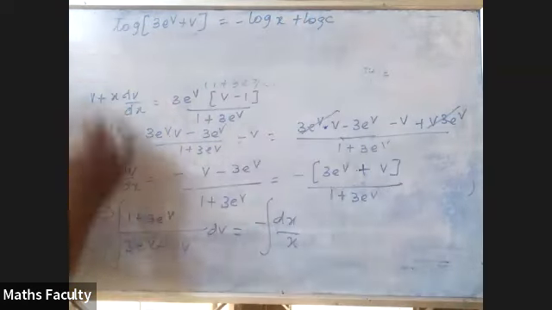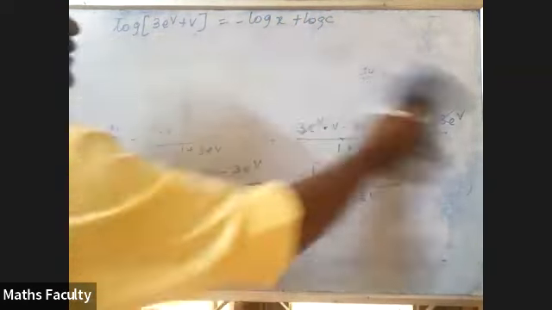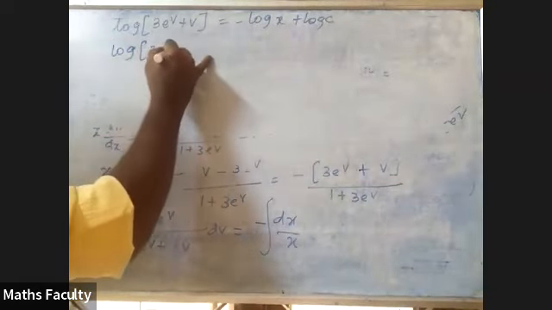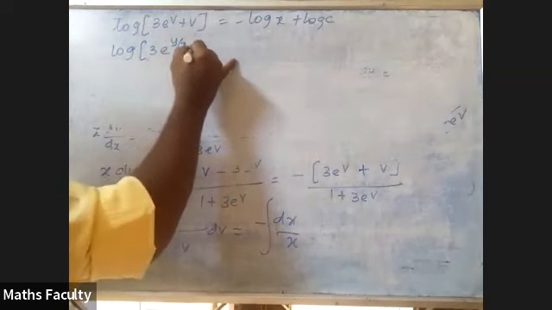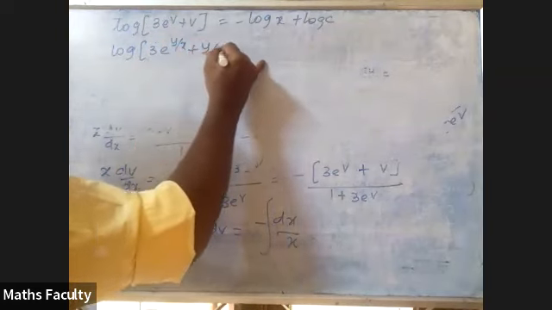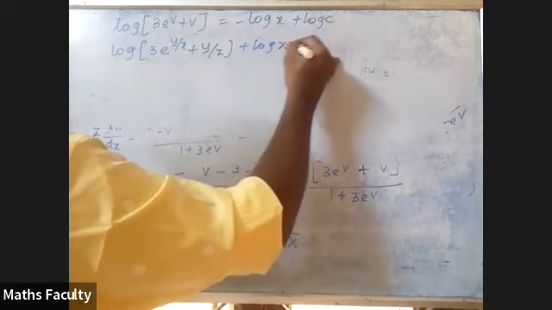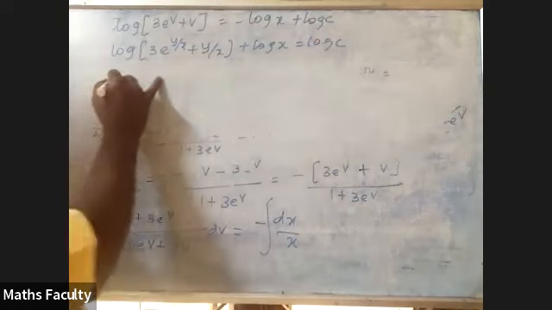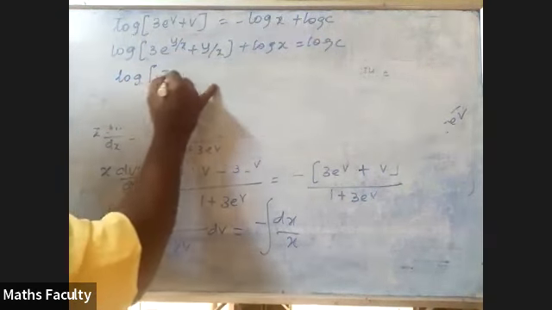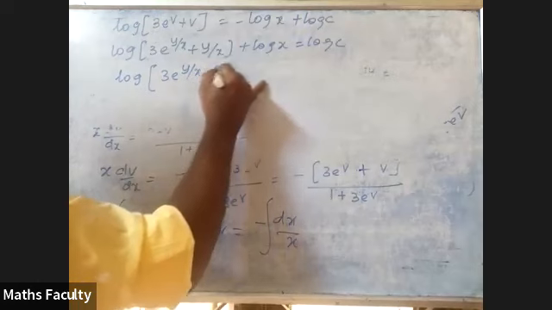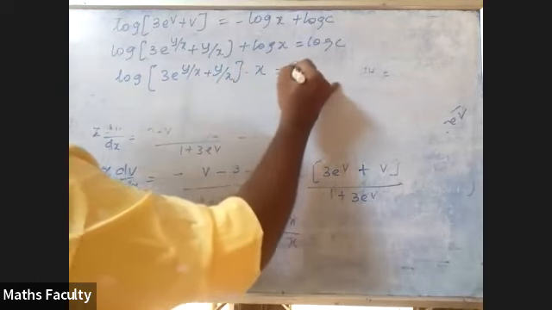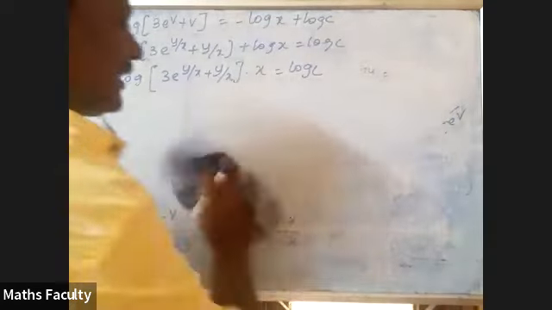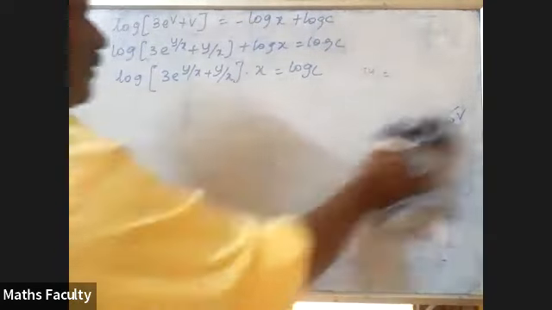Bring this log x to this side, so it becomes plus: log of 3 e power y by x plus y by x plus log x equals log c. Using the property of logarithm, log m plus log n equals log mn: 3 e power y by x plus y by x into x equals log c. Now remove the logarithm on both sides.